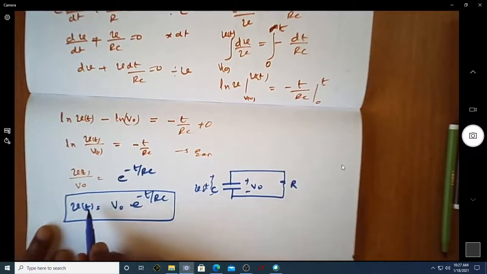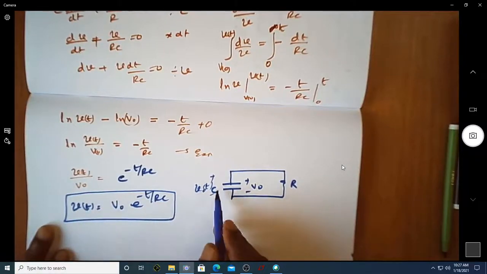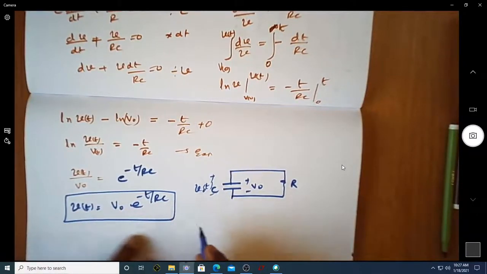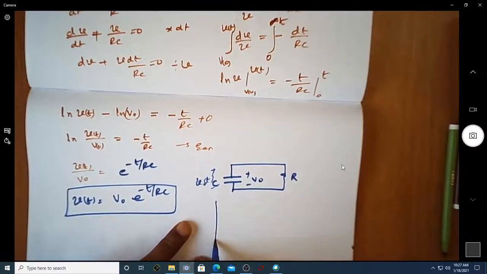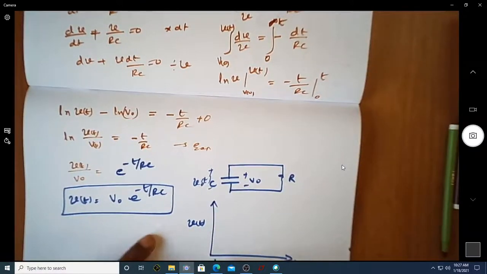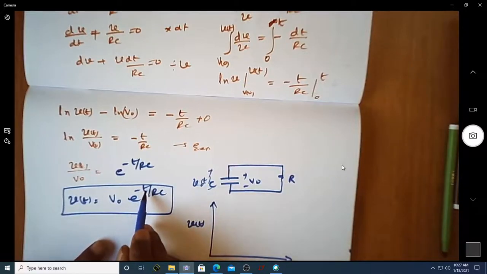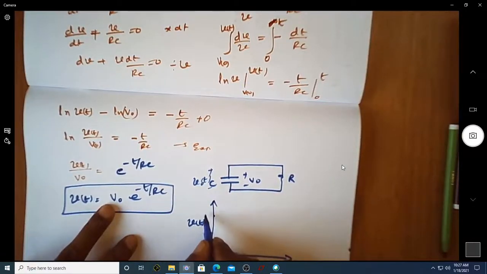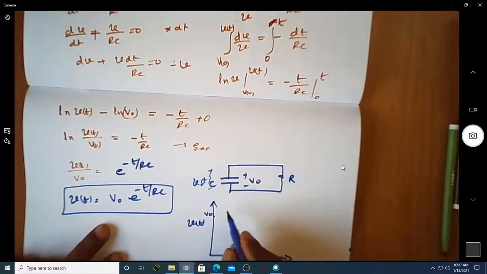Suppose you write the probable graph for this, v of t: when t is equal to 0, you substitute t equal to 0 here, and this becomes V0. The initial voltage is V0 here.